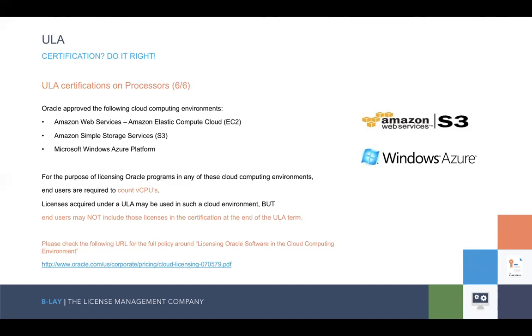So if you're entering into a new ULA or you're considering moving to a new ULA, you should really think about the non-standard language that you would want to put into your contract that allows you to certify the number of virtual cores or virtual CPUs that you're consuming in public cloud providers like Amazon, Azure, Google, Alibaba, IBM Clouds, or all the other public cloud vendors that we nowadays have, to make sure that you have clear rules around that. Because if you don't have them in your contract, you for sure will end up in an issue.